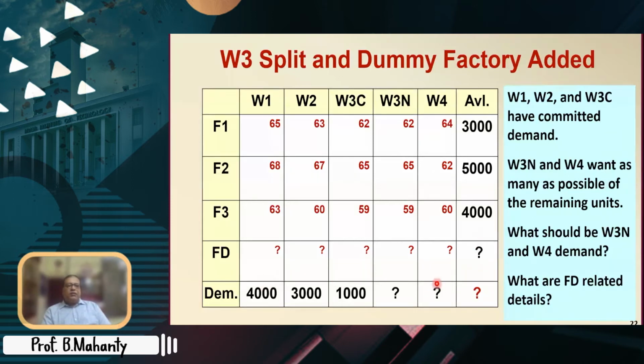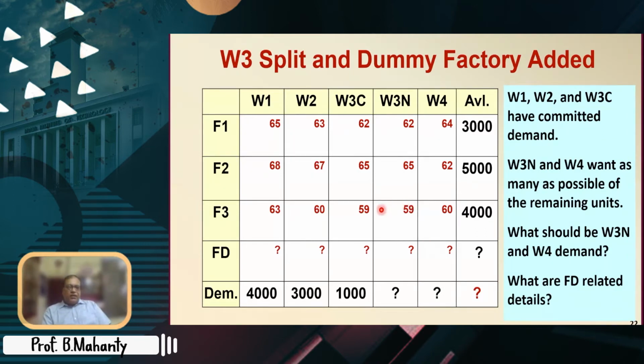Now let the problem decide whether W3N and W4 get from a real warehouse or from a dummy warehouse. Basically the dummy warehouse part is not meaningful, because that amount is actually not getting supplied.